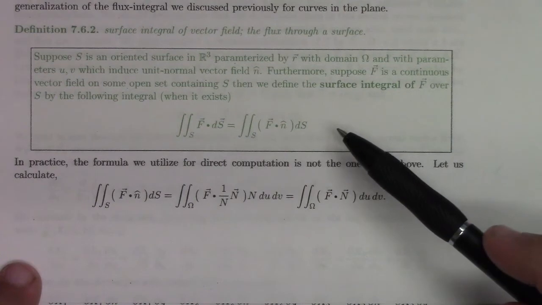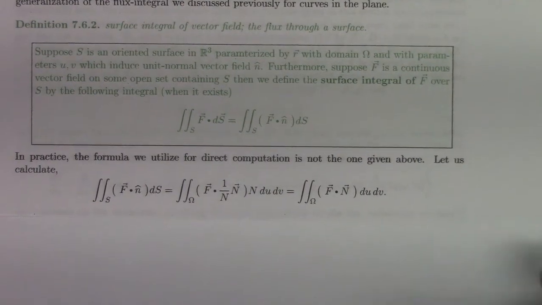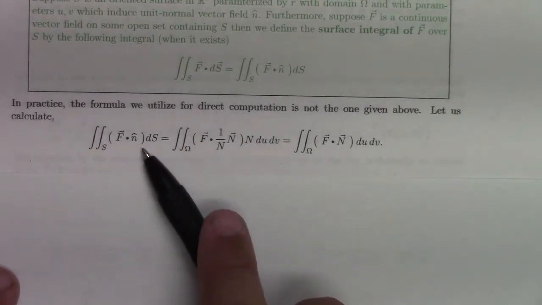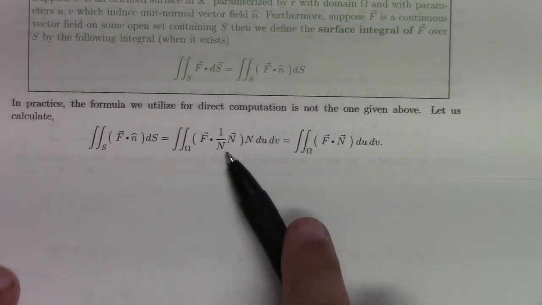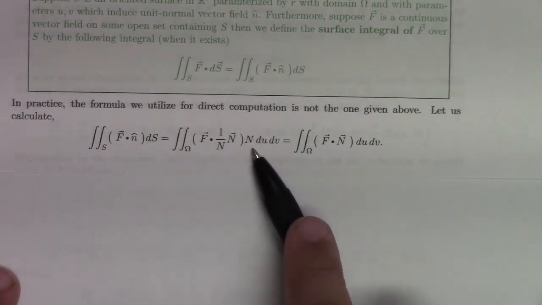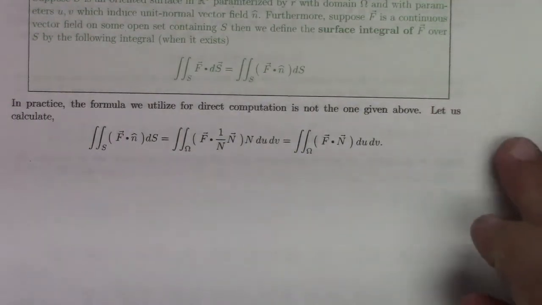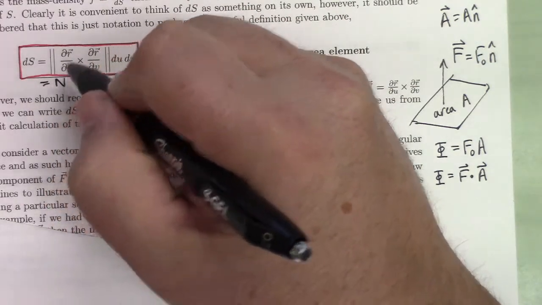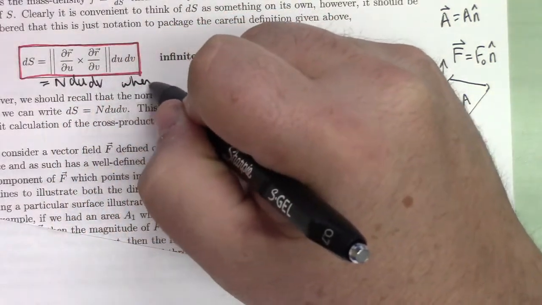But in practice, there is a nicer formula, as I derived soon after. F dot n hat dS: that n hat is N over the magnitude of N, and dS is the magnitude of the normal vector times du dv.